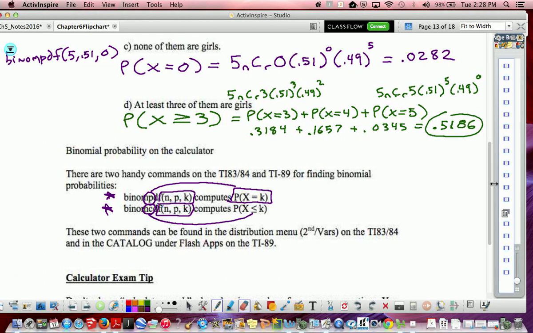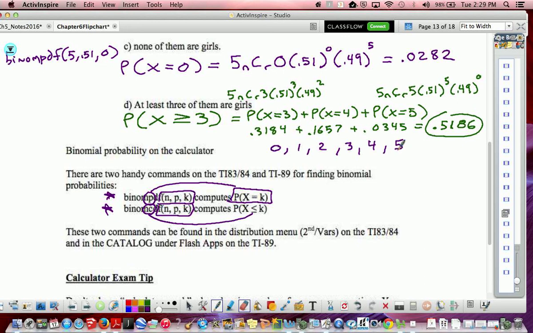Now, the last one is the most challenging one because CDF is a less than statement. Is this a less than statement? No. However, all greater than statements can be written as a less than statement. Meaning, if I look at all the possible outcomes for the number of girls: 0, 1, 2, 3, 4, and 5.